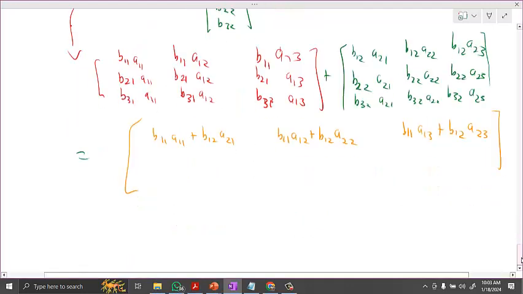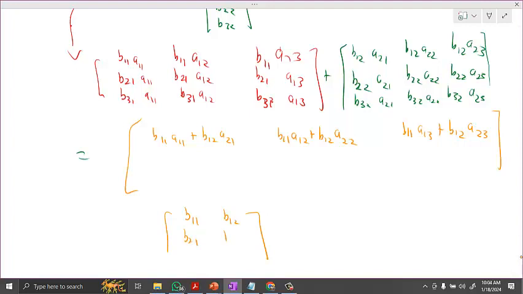All right. Now, if you look at what this is, if you actually take this product here of, let's see, B11, B12, and then B21, B22, and then B31, B32.